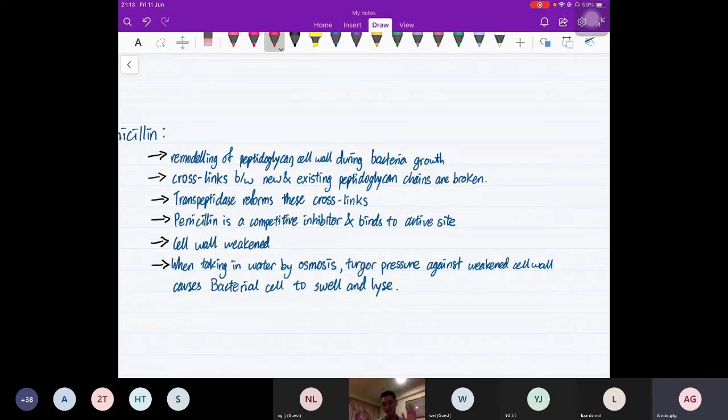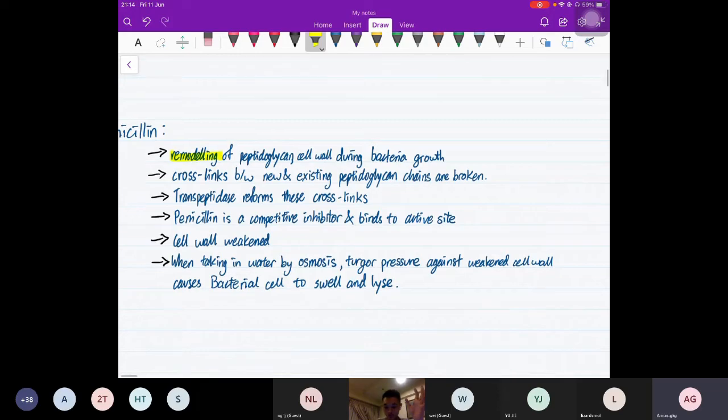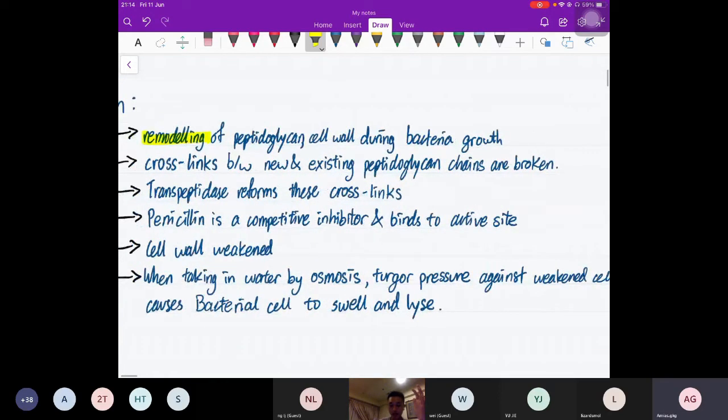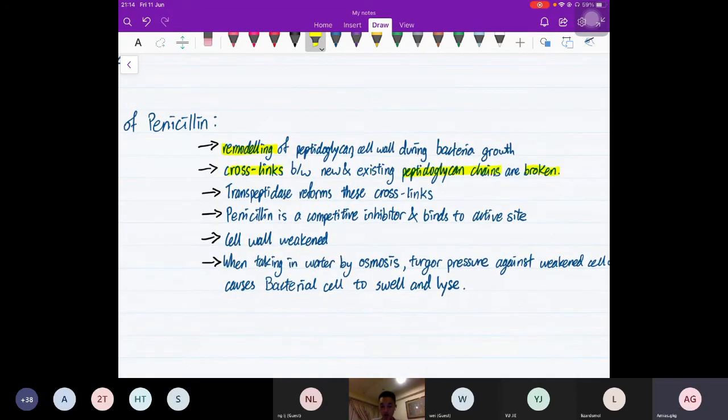The bacterial cell wall is made out of peptidoglycan. Peptidoglycan has to be remodeled during bacterial growth, which is the first step. How it is remodeled is that the cross links between your peptidoglycan chains have to be broken first. After they're broken, they're reformed. When they are reformed, you have a longer chain or an extension of your bacterial cell wall.